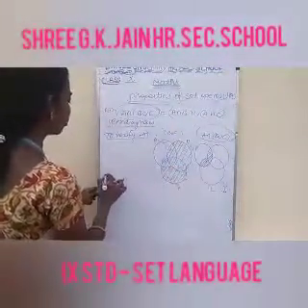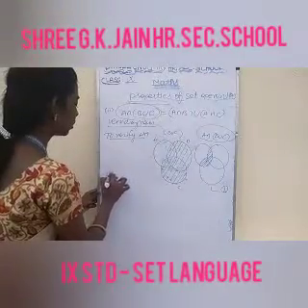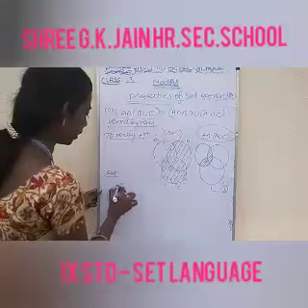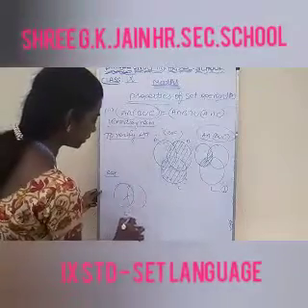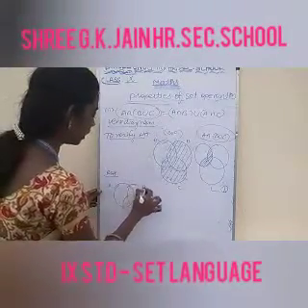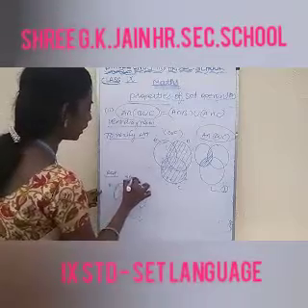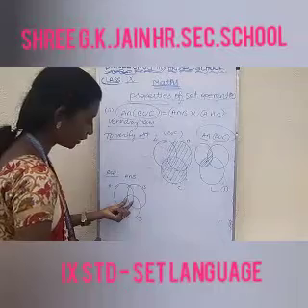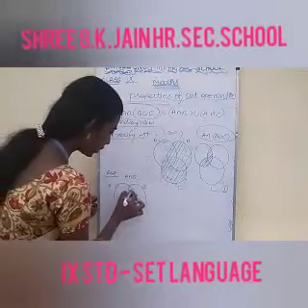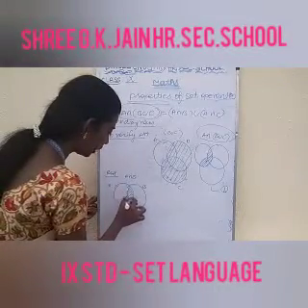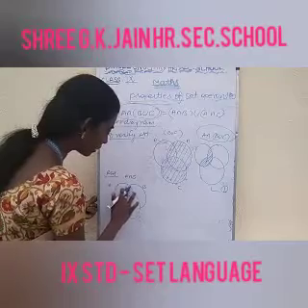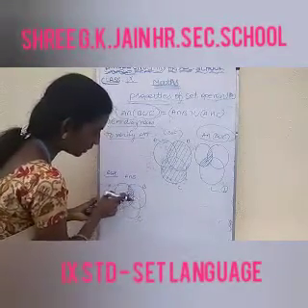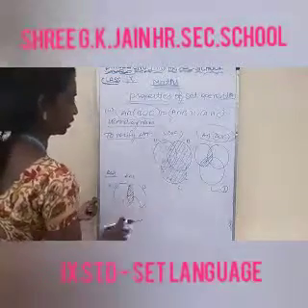Then to verify your RHS, first you should find A intersection B. This is your A, B and C. What is the common region between A and B? Here, this is the only common region between A and B, the common portion between the A and B circles.